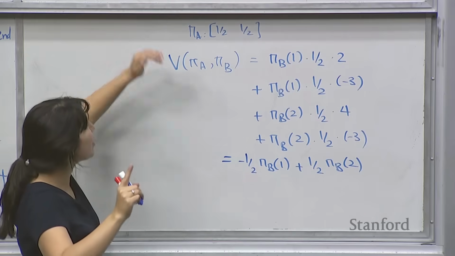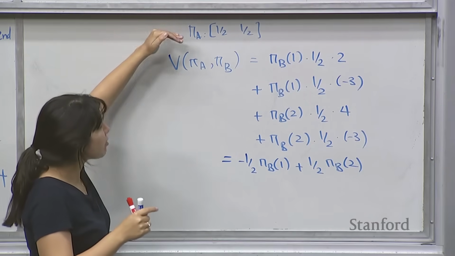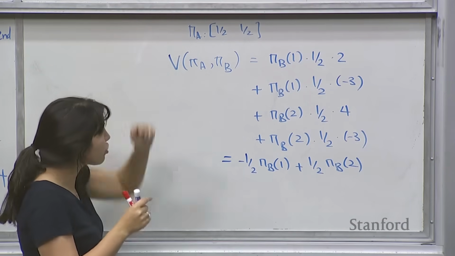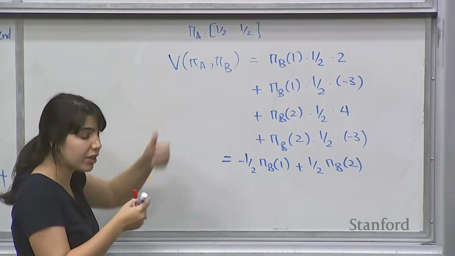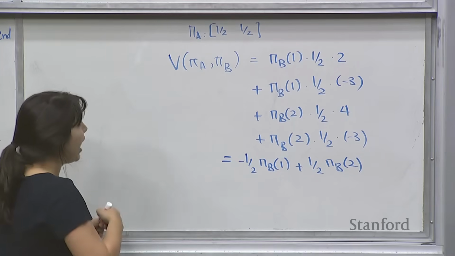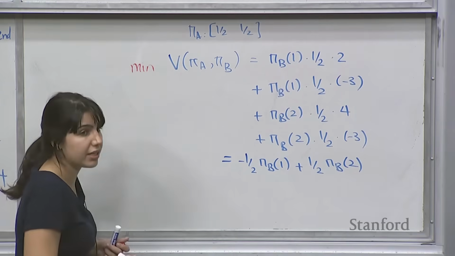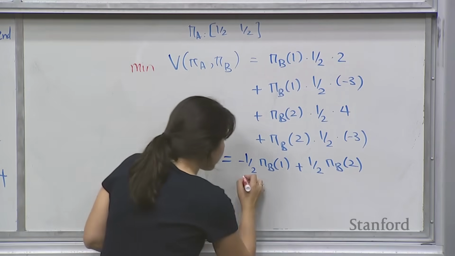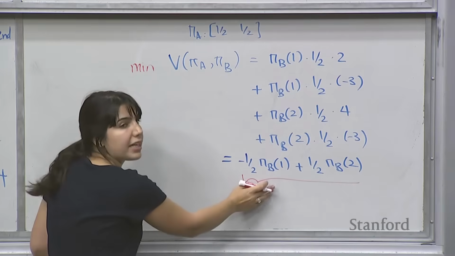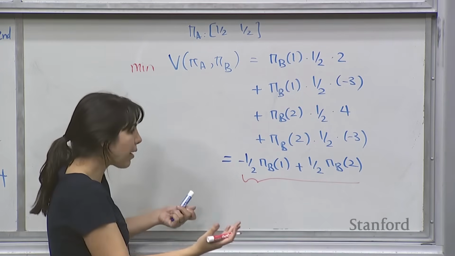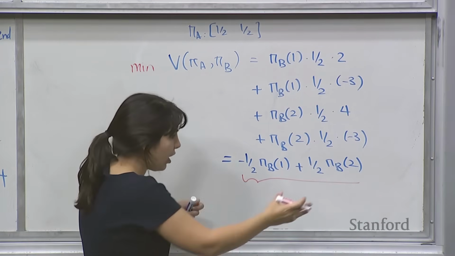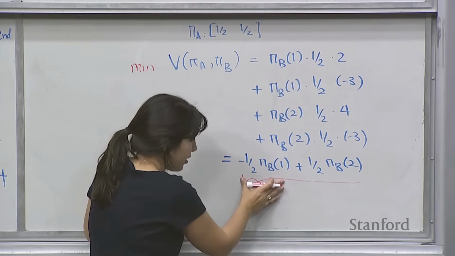But why is that? Well, if agent A comes and tells me, well, this is the thing I want to do, I should try to minimize value of agent A, right? So what I'm really trying to do as agent B is to minimize this, right? Because I don't want agent A to get anything. So if I'm minimizing this, in some sense, I'm trying to come up with a policy that minimizes this. Pi is a probability, so it's like a positive number. I have like a positive part and a negative part here.